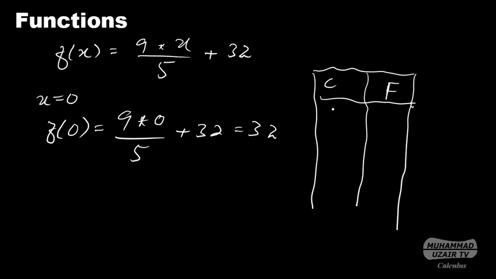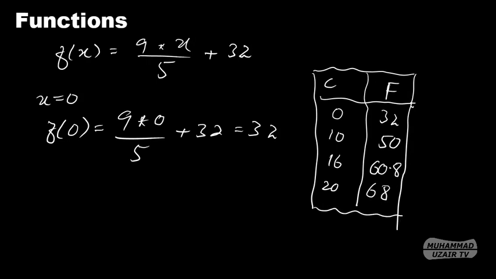For 0 Celsius, 32 Fahrenheit. Let's put 10. For 10 Celsius we will get 50 Fahrenheit. For 16 we will get 60.8 Fahrenheit, and for 20 Celsius we will get 68 Fahrenheit.